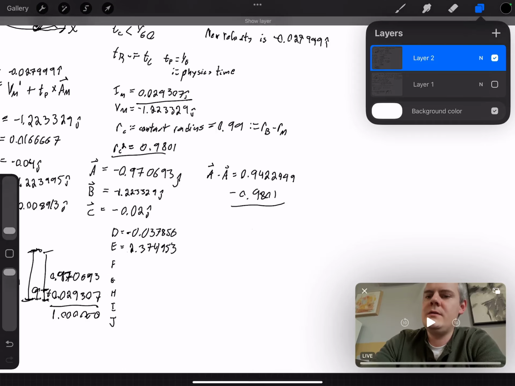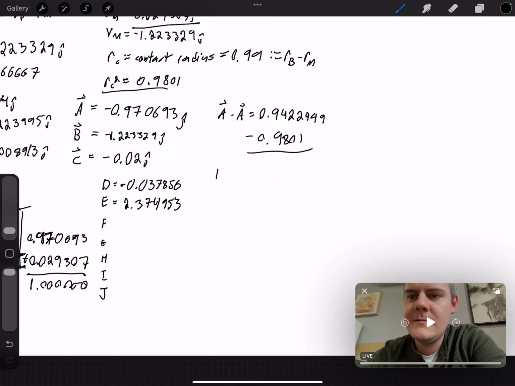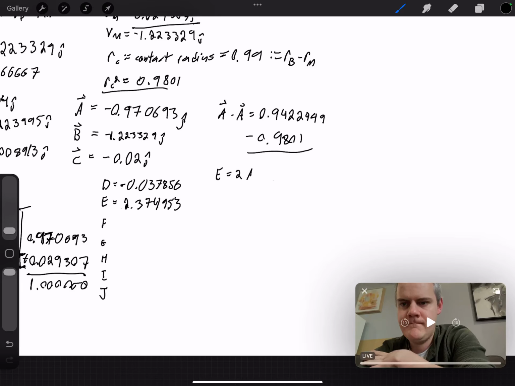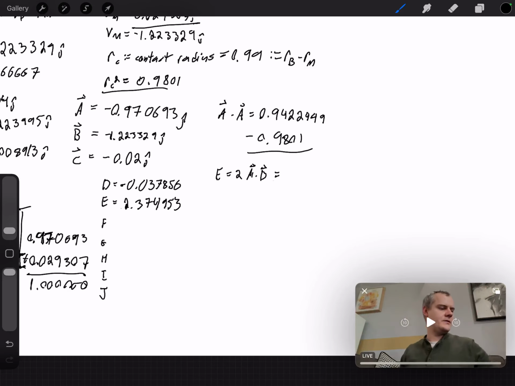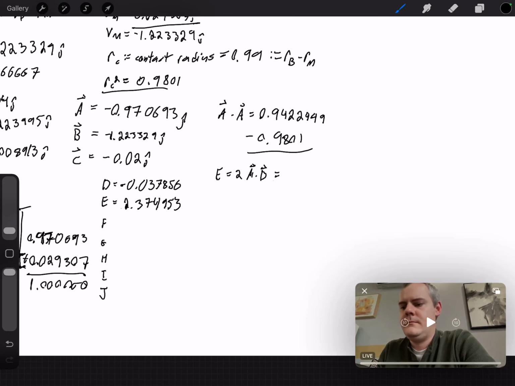2 A dot B. I just stood up to get my calculator. Here it is.